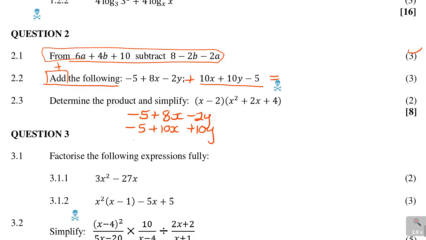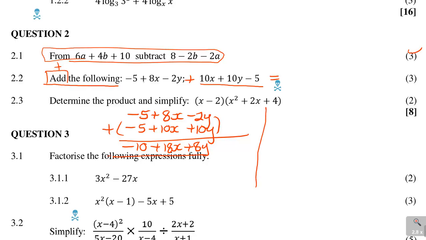Then you add like that. So you say minus 5 plus minus 5 is minus 10. 8 plus 10 is plus 18x. And then minus 2 plus 10 is plus 8, but you maintain the y. So this was the answer that you're going to get at the end of the day, because you're adding.